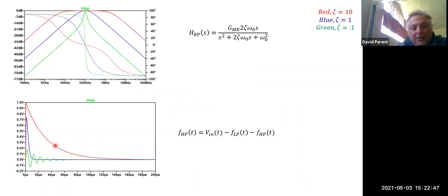Then we have the Bode plot of the band pass. You can see various damping ratios. The red, in this case, is being dominated by the slow pole, if you will.